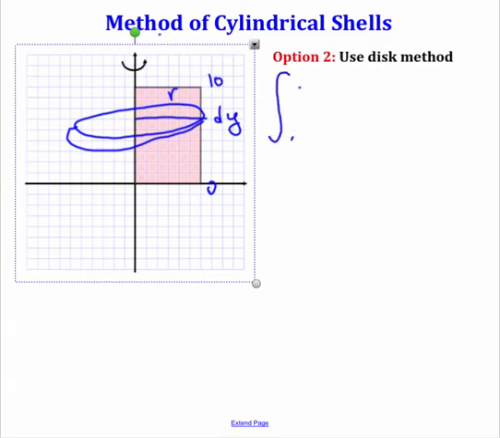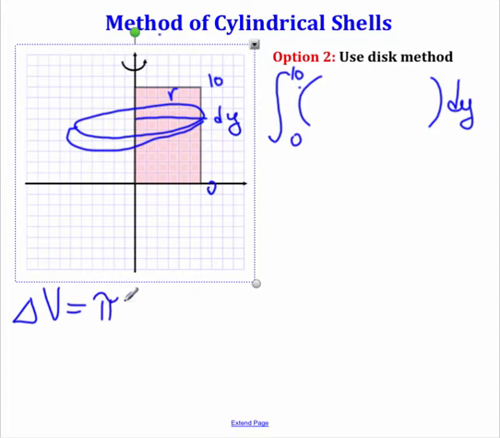So I can start setting up my integral. It's going to go from 0 to 10, and everything will need to be in terms of y. A good idea is to find the volume of this one little cross-section. This is a disk, so the volume of a disk is pi r squared dy, and again, everything needs to be in terms of y.